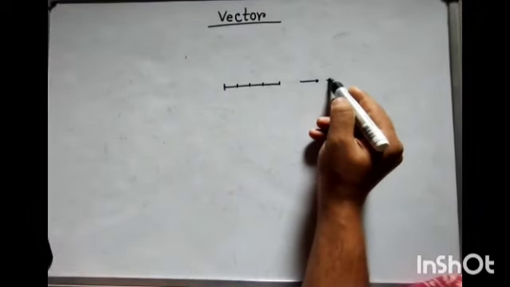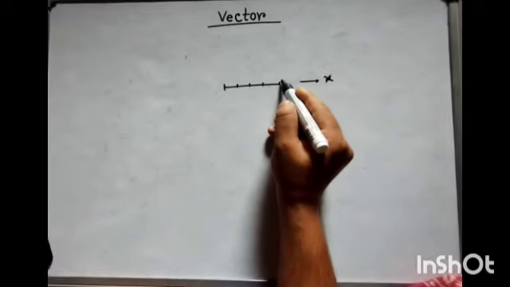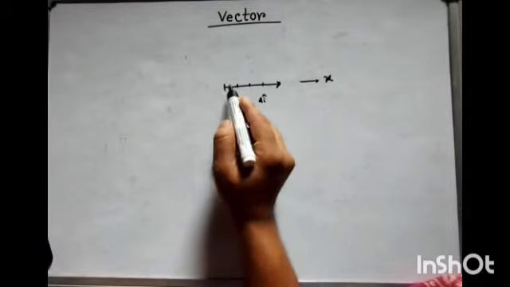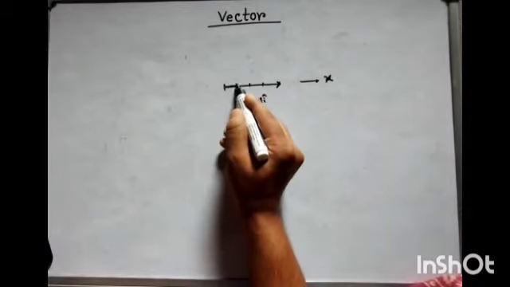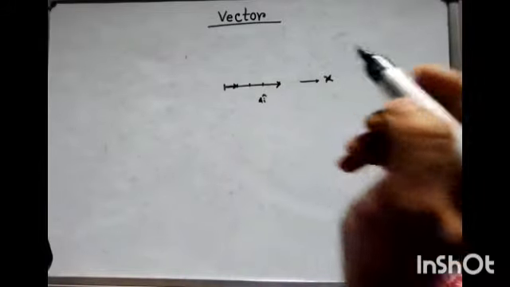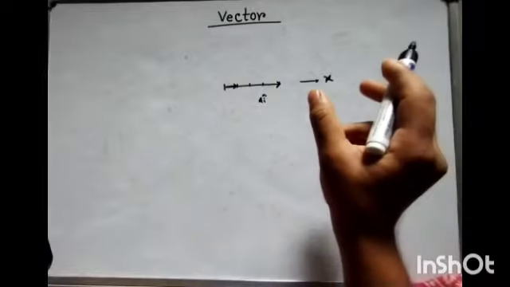Suppose I take this axis as the x-axis. This vector is 4 i cap, where i cap is the unit vector towards the x-axis. So this vector has a particular direction and a definite magnitude.